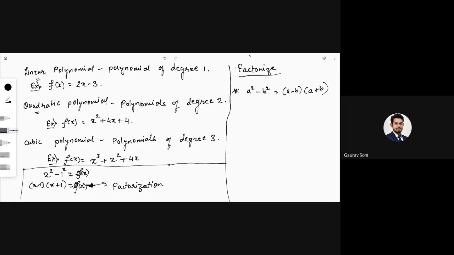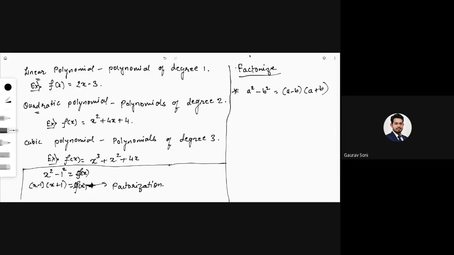So this process by which you do it is called the factorization. Am I right?